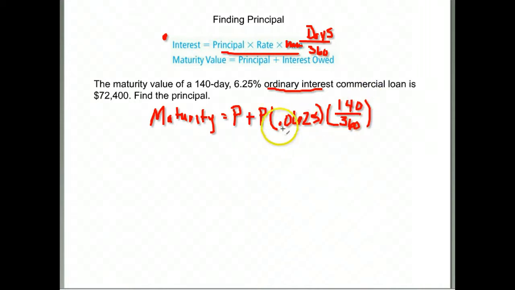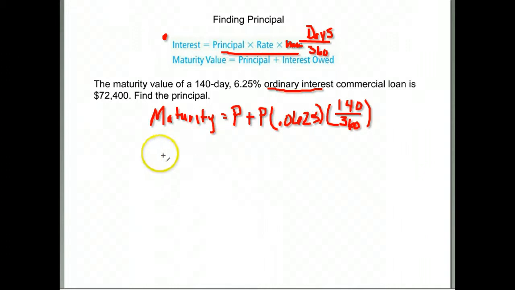The first thing I'm going to do is go ahead and calculate this number here. So I'm going to take 0.0625 times 140 and then divide by 360 since it's in the bottom of this fraction. So 0.0625 times 140 divided by 360.